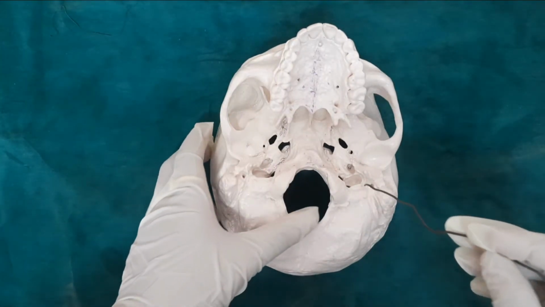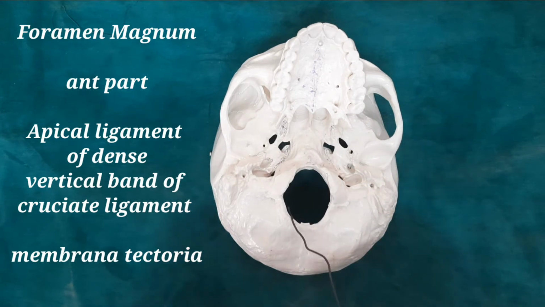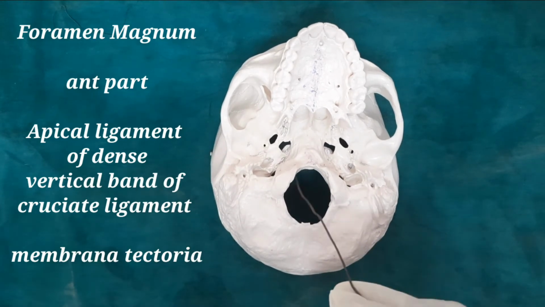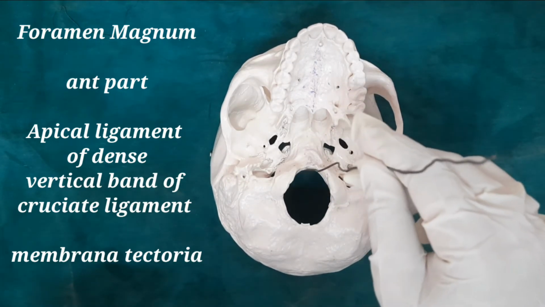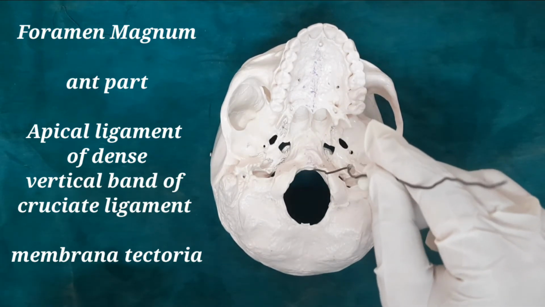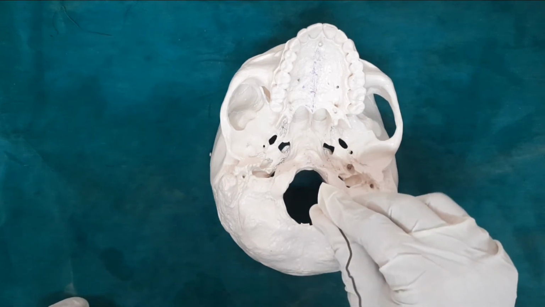Here we can see the big foramen. This one is the foramen magnum and it transmits, through its narrow anterior part, the apical ligament of the dens, the vertical band of the cruciate ligament and membrana tectoria.